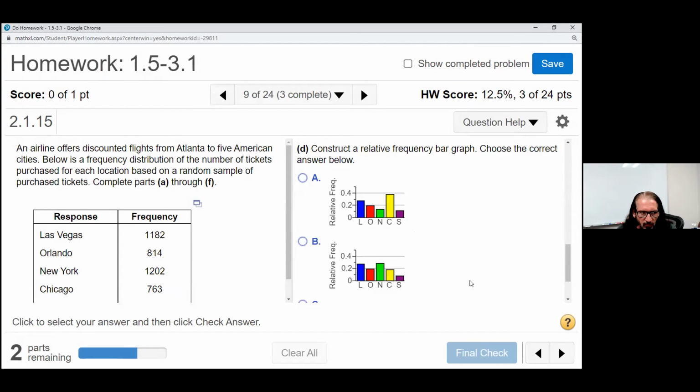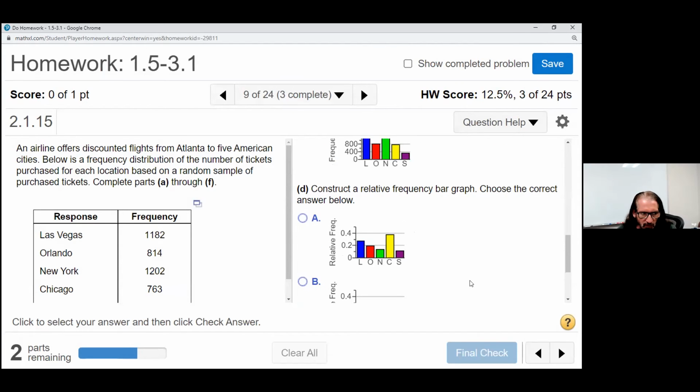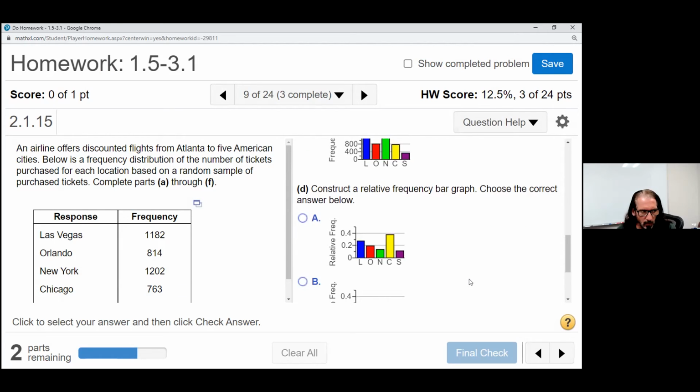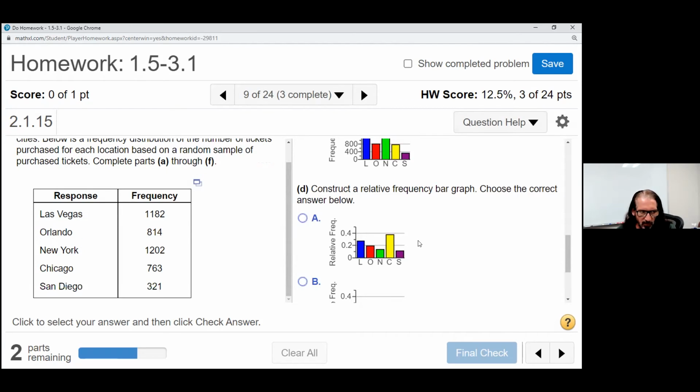A relative frequency bar graph should look similar to this, just with different labeling. And so notice that they still go Las Vegas, Orlando, New York, Chicago, and what was our last city here? San Diego.